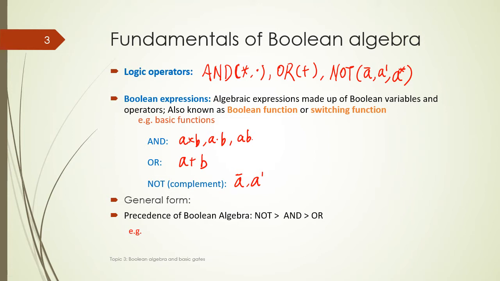And also, in order to represent a Boolean expression in general, we introduce the function, like the dependent variable, you can think. We know that in math, in most cases, we have the dependent variable represented using y, right? Maybe some other letter like z, or in a more general format like f(x), right?